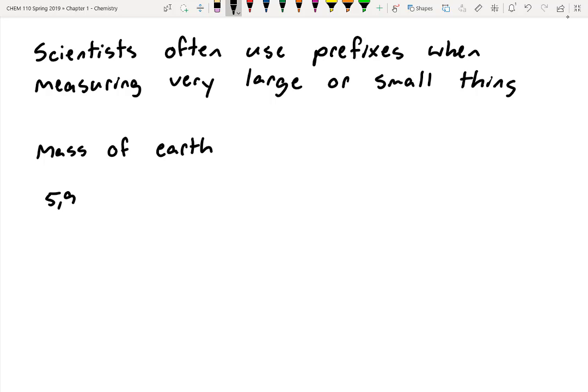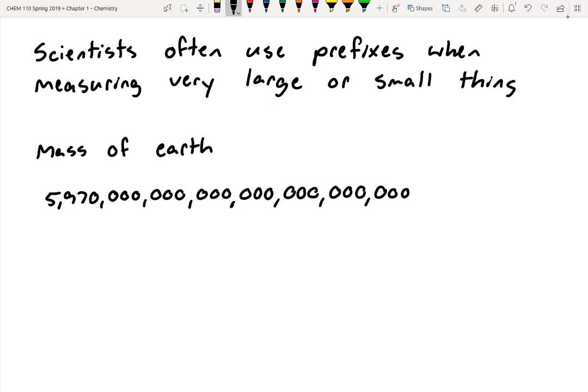But it's 5,970, and let's see, 1, 2, 3, 4, 5, 6, 7, 8, 1, 2, 3, 4, 5, 6, 7, 8 grams. That's a very, very big number, right?